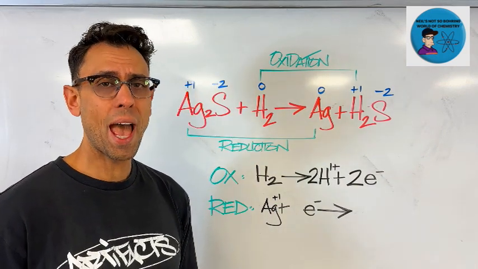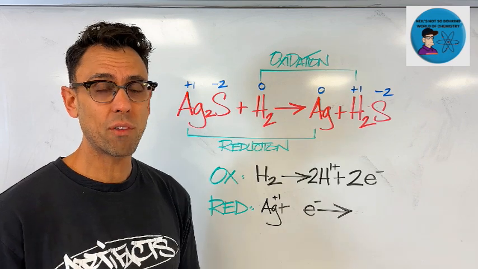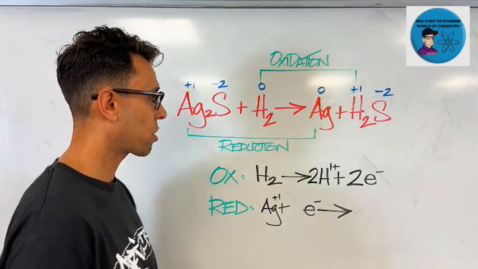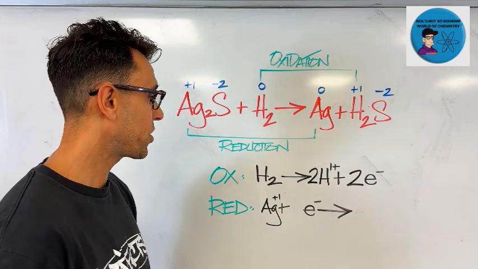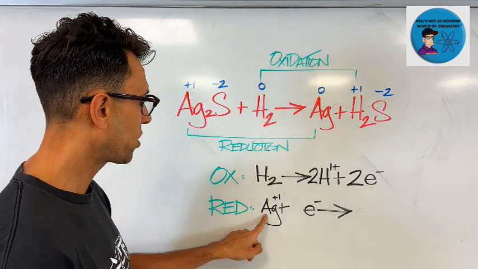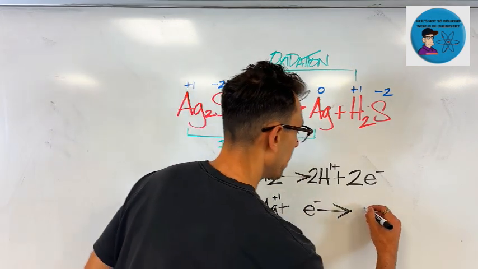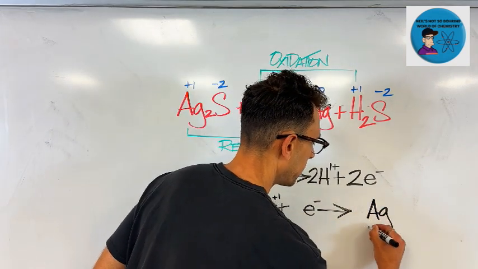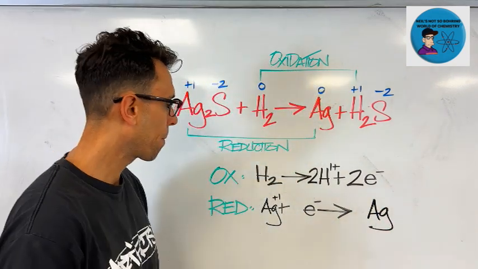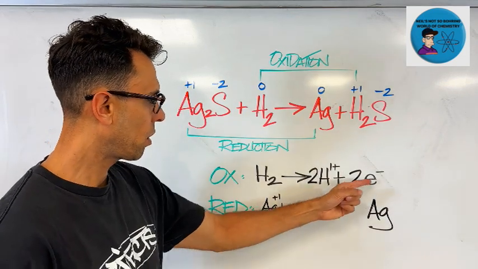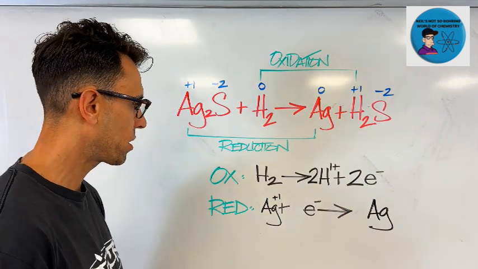And the only way that would happen is if you gain an electron, right? That's the only way to reduce a positive charge down to 0 because electrons are obviously negatively charged. So we have this silver, it gained an electron, and on this side, it's just going to be neutral Ag. So we've got our oxidation, we've got our reduction, loss of electrons, gain of electrons.